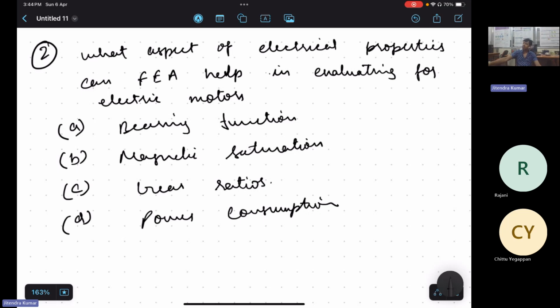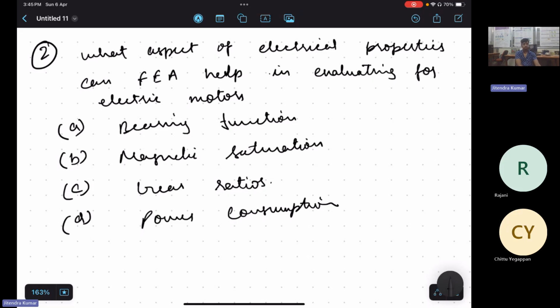So power consumption, I think, you could not calculate directly all the power, but indirectly you could get all the information about losses, how much loss is happening in the independent segments of the core. See what it is doing.